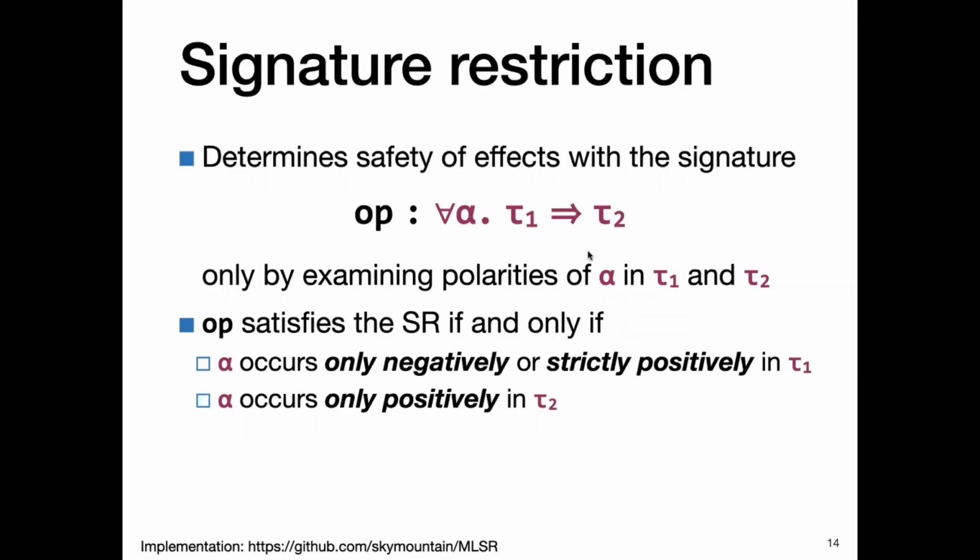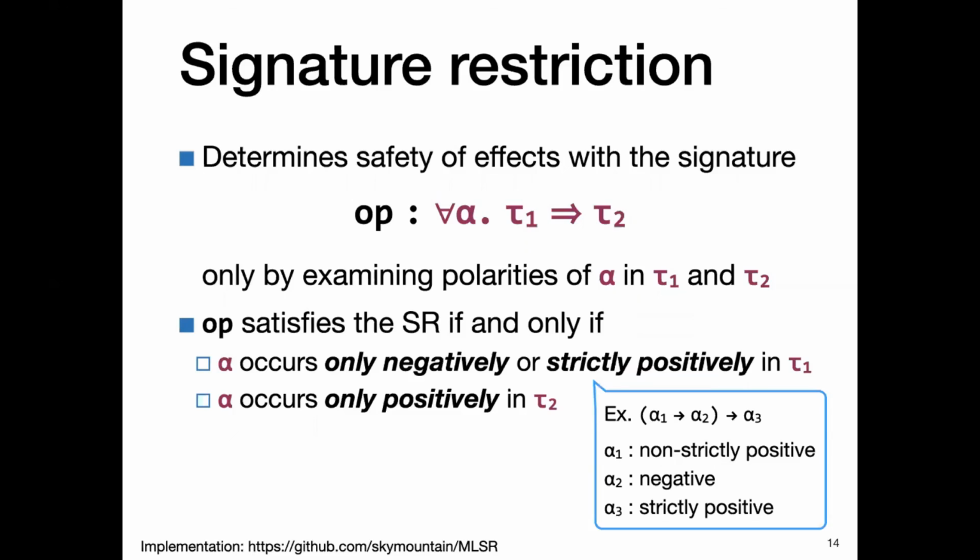More formally, we can say an operation satisfies the signature restriction if and only if alpha occurs only negatively or strictly positively in argument type tau 1, and alpha occurs only positively in return type tau 2.